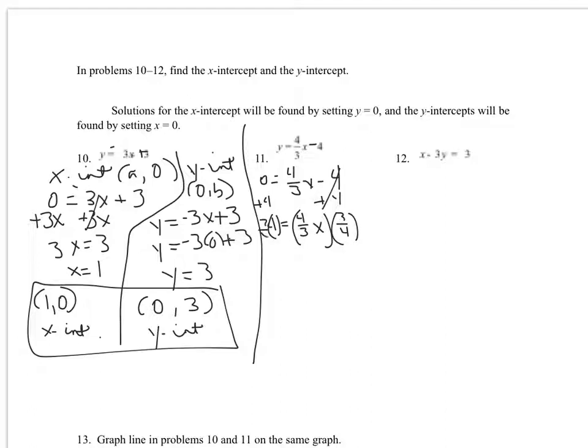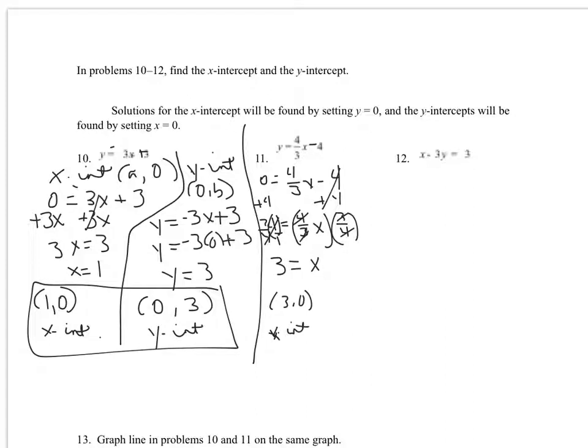And as long as I'm multiplying both sides by 3/4, think of that as 3 over 4 times 4 over 1. My 4's are going to cancel, and I will get 3 equals x, because on the right side, it ends up being 1 times x, which is just x. So that tells me that my x-intercept is the ordered pair 3, 0.